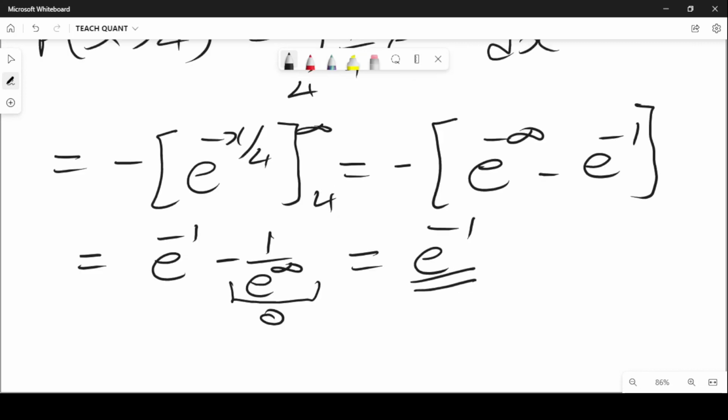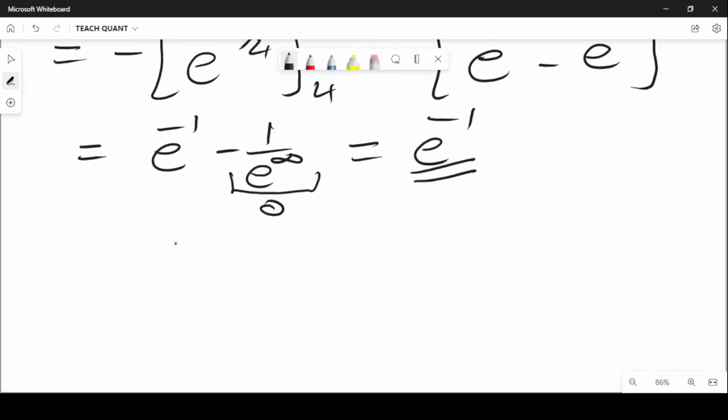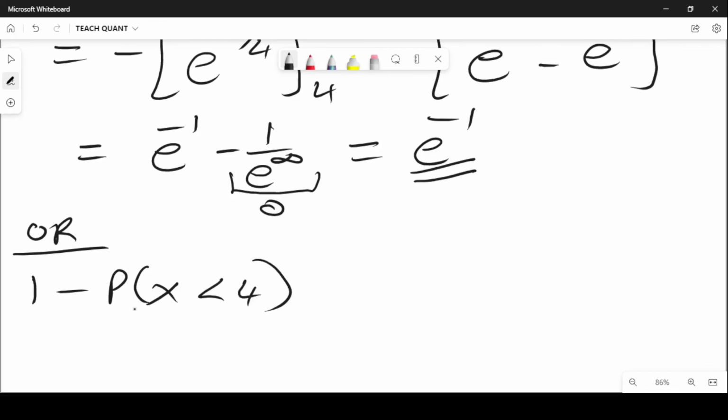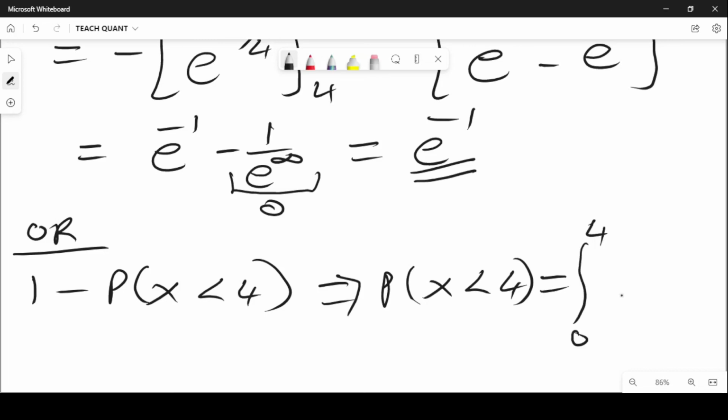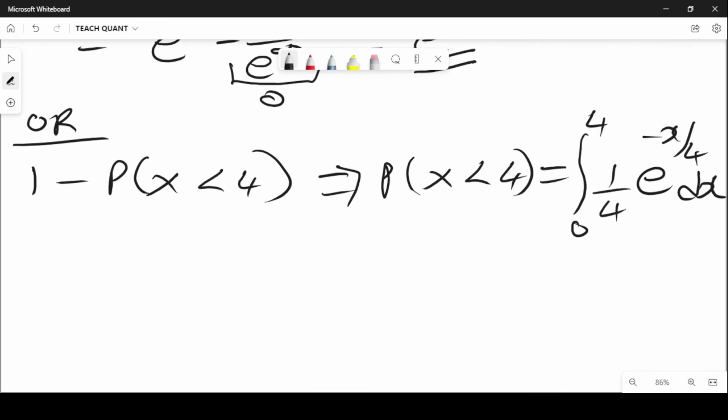I could have done it that way, or alternatively, I could have said it is 1 minus probability of x less than 4. So I'll need to get probability of x is less than 4, which will be the integral from 0 to 4, 1 over 4 e raised to the power negative x over 4 dx. And then I subtract that from 1.